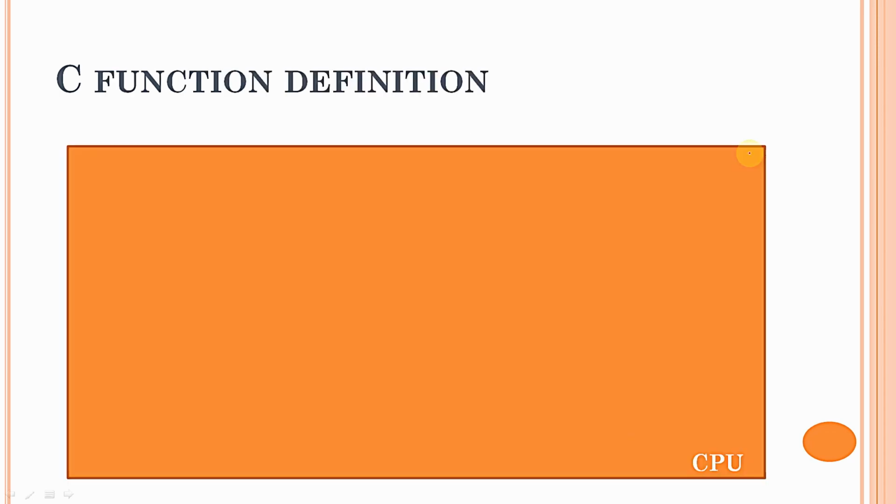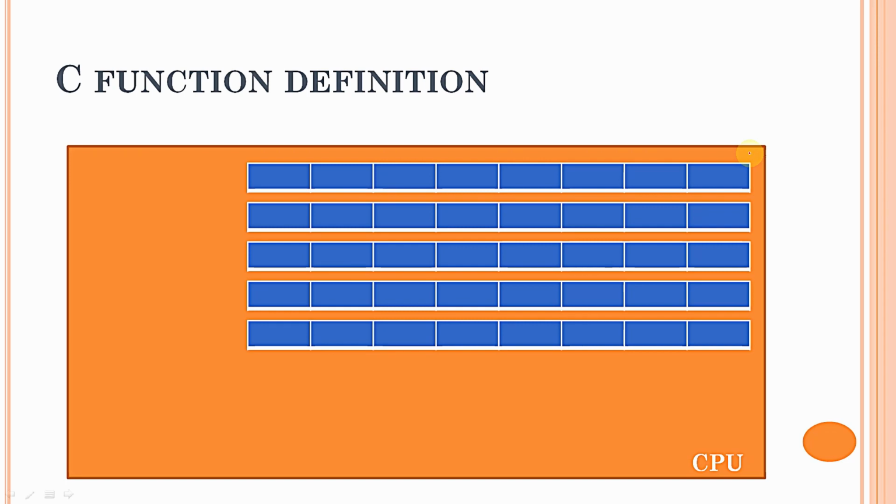And let's take an example. Let's consider this as a CPU, and inside the CPU we have 5 different memories, which are each of size 1 byte. You can see each memory location has 8 bits: 0, 1, 2, 3, 4, 5, 6 and 7.